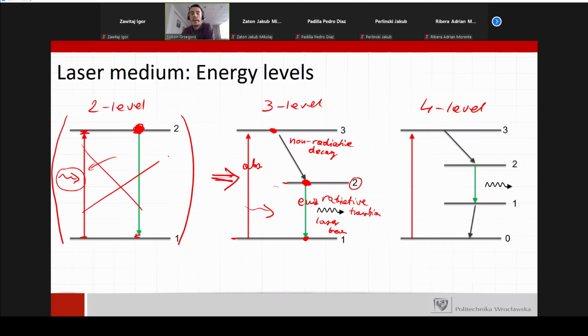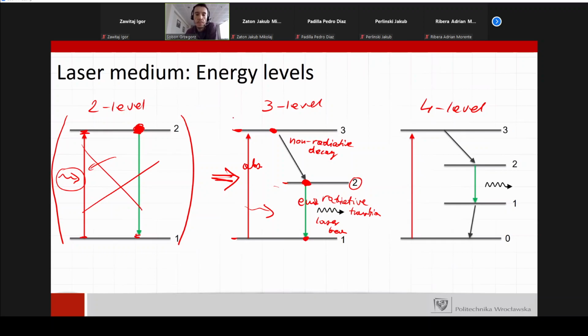Okay, and you can see that the energy gap is bigger for the absorption, right? So if we consider optical pumping, we need to deliver more energy, so a shorter wavelength than the one emitted from the laser. As an example of a 3-level system, this would be a ruby laser.